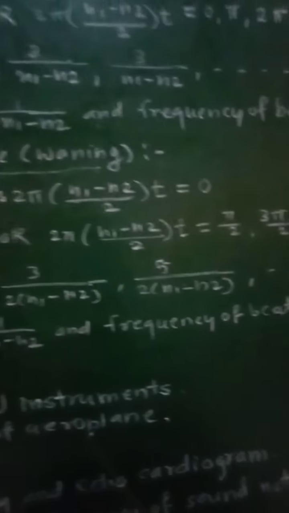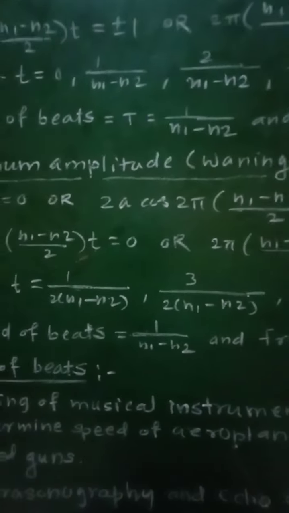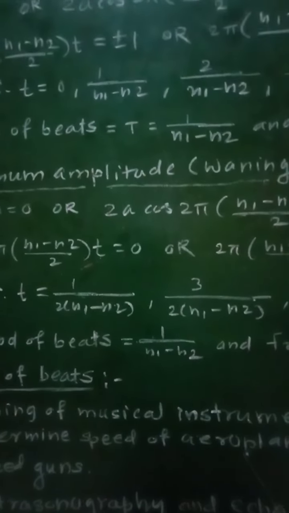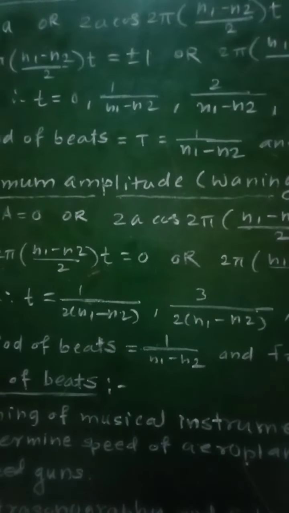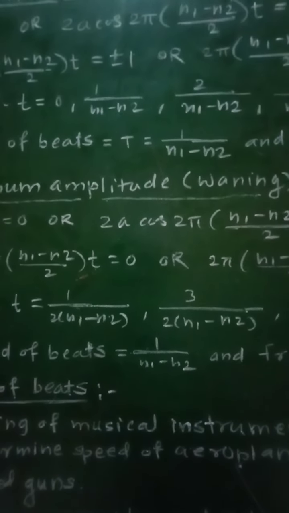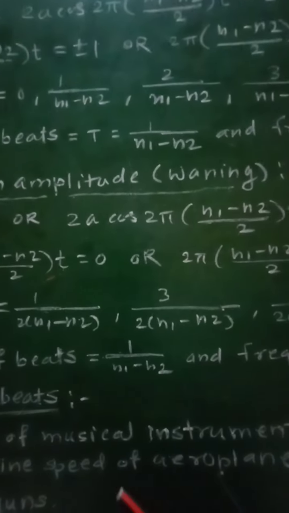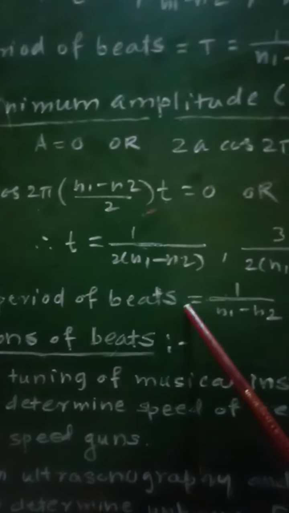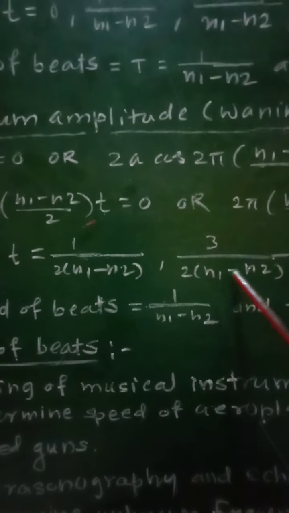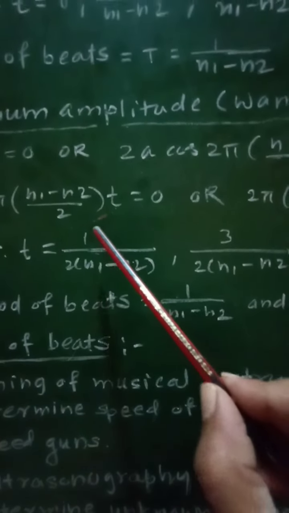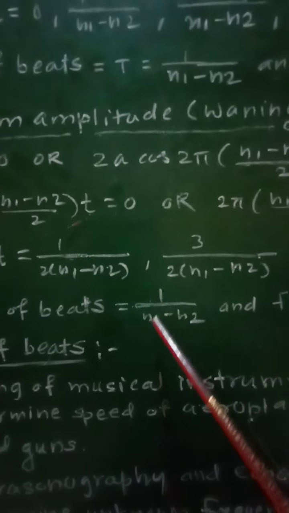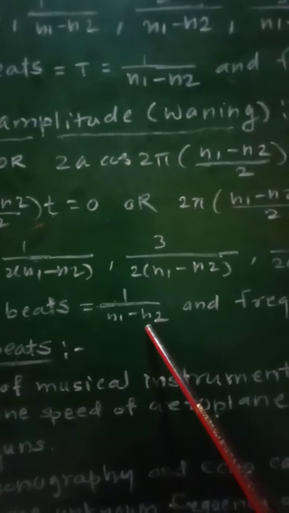So these are the time intervals at which the amplitude is minimum, that is waning will take place. And again the time interval between two successive wanings will give rise to the period of beats, and therefore here the period of beats will be equal to 3 upon 2 into (n1 minus n2) minus 1 upon 2 into (n1 minus n2). That will be equal to 1 upon (n1 minus n2).